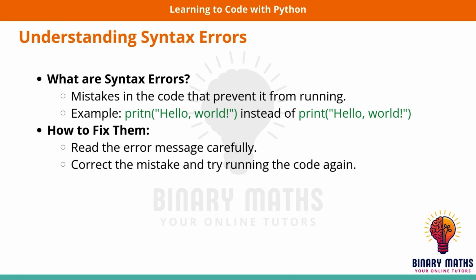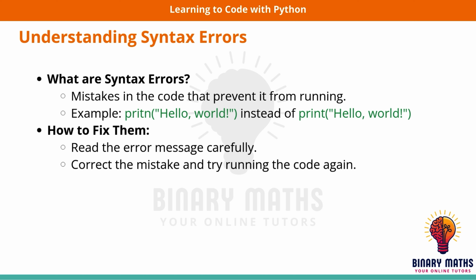Syntax errors are mistakes in your code that prevent it from running correctly. These errors occur when code doesn't follow the rules of the Python language. For instance, if you have a look at the example on the screen, we can see that one of the examples there has a spelling mistake. The first example, we have spelled print incorrectly.